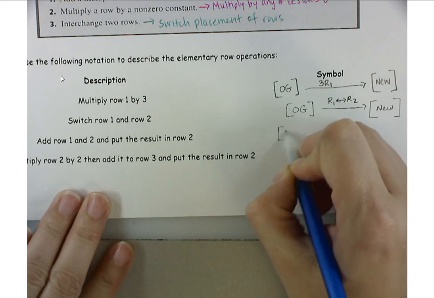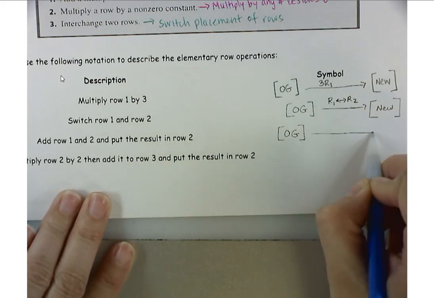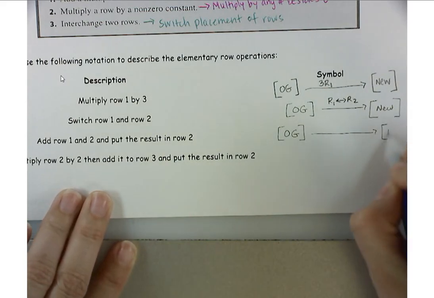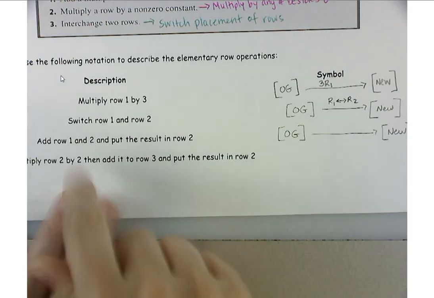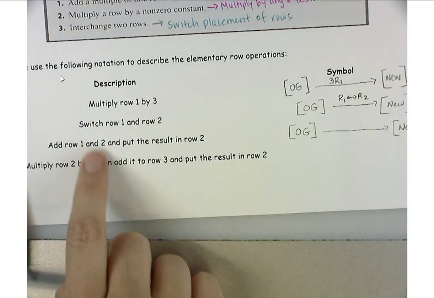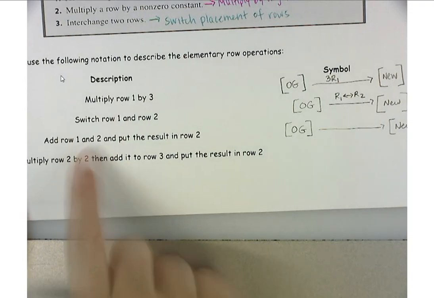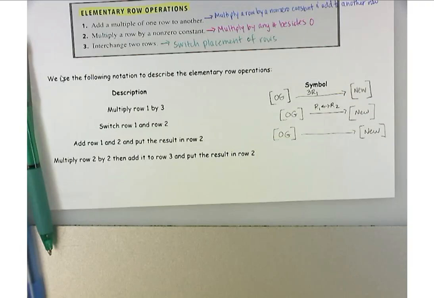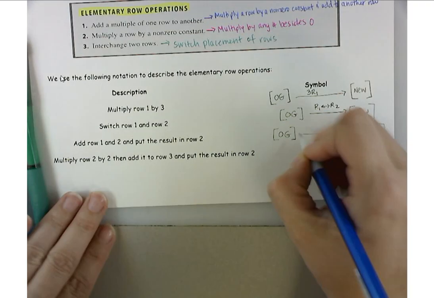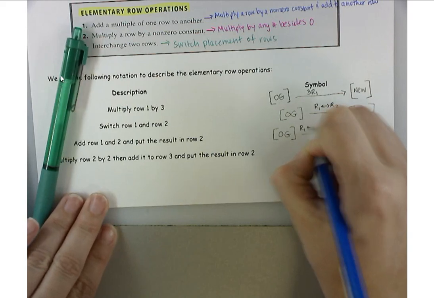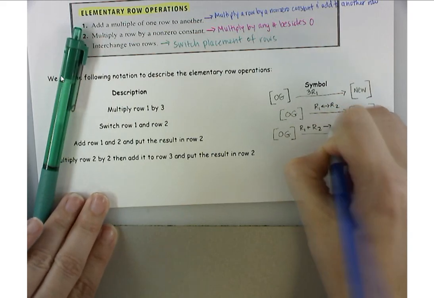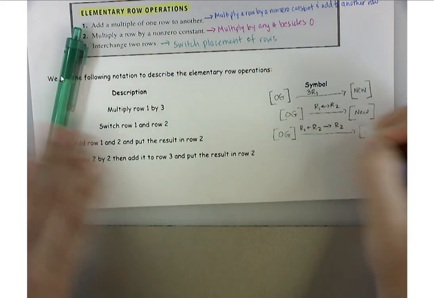Okay, so we have our original, we're going to our new. We're going to add row 1 and row 2 together, and then put the result in row 2.